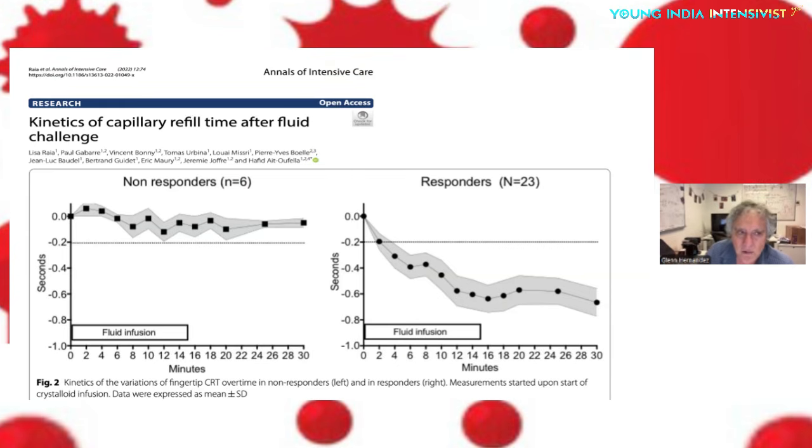microcirculatory coupling to flow. For example, in this study, it is very interesting that assessing capillary refill time every 2 minutes after a fluid challenge, in this study by Hafid Al-Rafelia in Saint Antoine Hospital in Paris, he found that 6 of 29 patients did not respond. These patients were probably uncoupled between the macro and the microcirculation, compared to the responders that tended to normalize CRT.